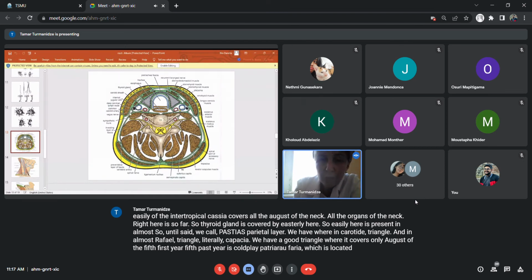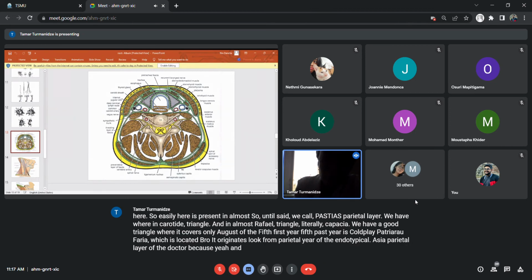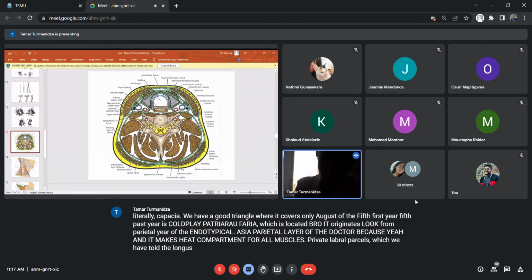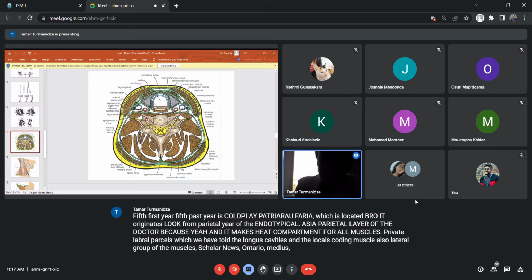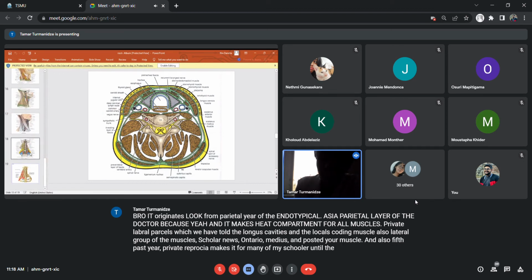It originates, look, from the parietal layer of the endocervical fascia, and it makes a sheath compartment for the prevertebral muscles, which we have told, longus capitis and longus colli muscles. Also the lateral group of muscles, scalenus anterior, medius, and posterior, and also the fifth fascia, prevertebral fascia, makes a sheath for the main neurovascular bundle of the lateral triangle of the neck.